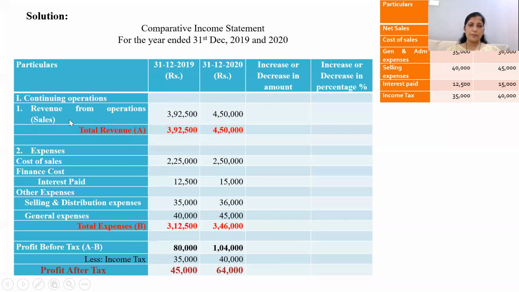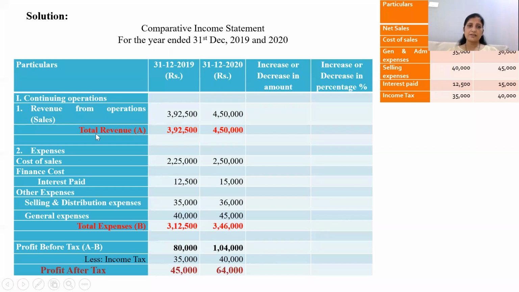Now revenue from operations, that is sales. What is sales? 3,92,500 and 4,50,000. These two I have written over here. We don't have any other revenue.